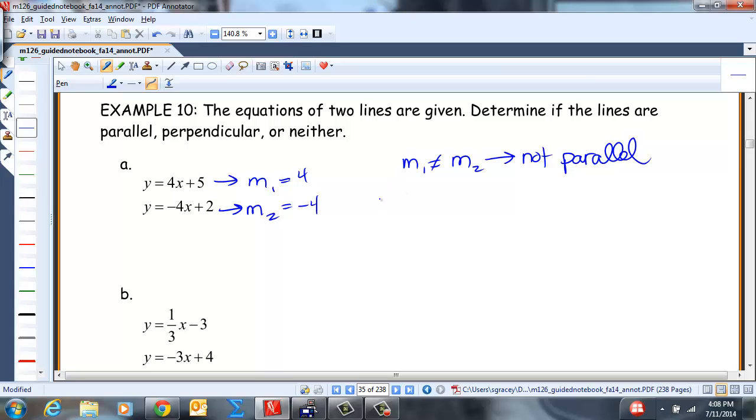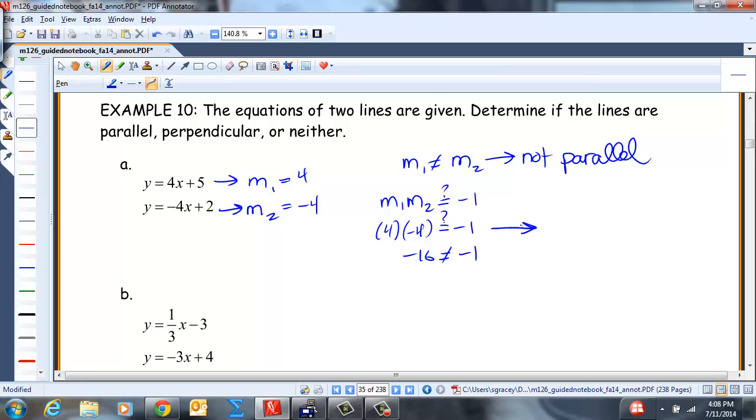Next thing to check is M1 times M2. Is that equal to -1? Well, actually, we'll go vertically here. The first slope was 4. The second slope was -4. When you go to test if that's -1, you definitely get a false statement there.